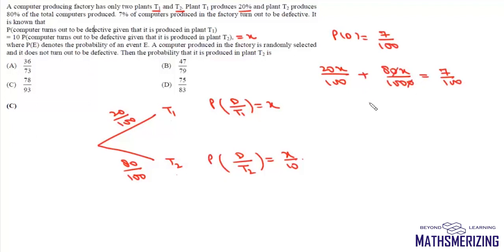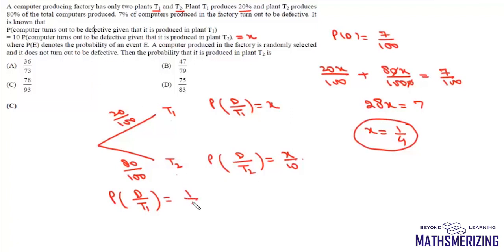So we'll get 28x equals 7. The value of x is 1 by 4. So the probability of getting a defective from T1 is 1 by 4, and the probability of getting defective from T2 is 1 by 40.